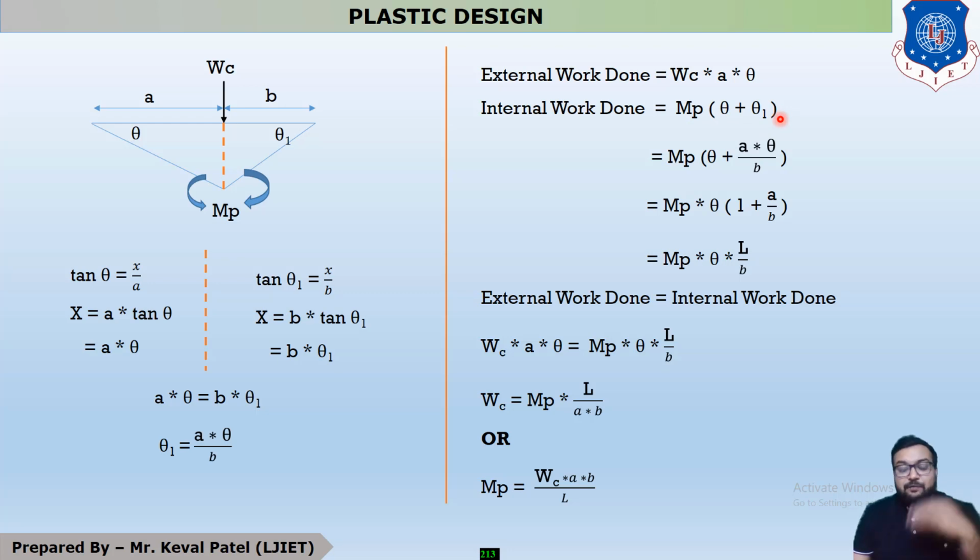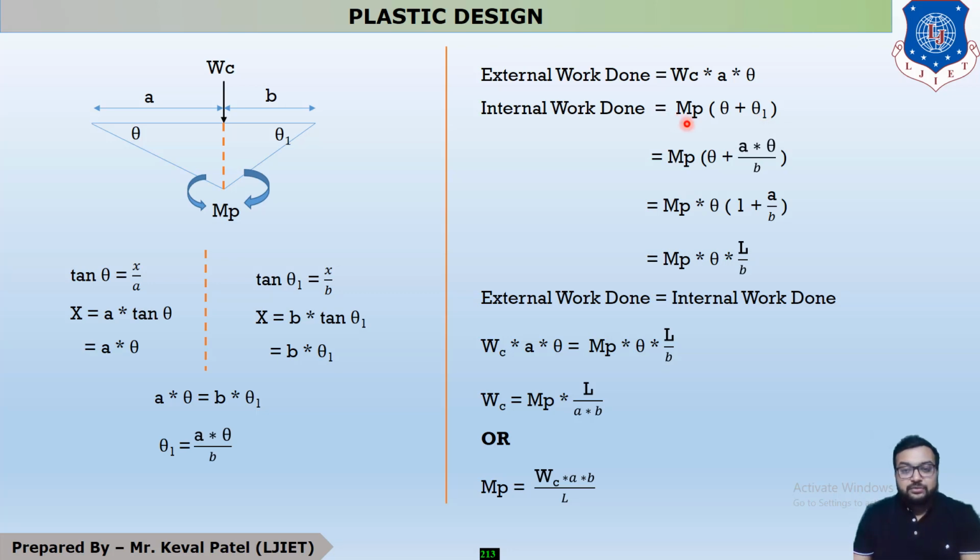Now after calculating external work done and internal work done, the next step is to equate both the values. But whenever you equate both the values, both terms must be in the form of theta or theta 1. Your external work done is already in theta form, so you have to convert your internal work done, which is in theta plus theta 1 form, to theta form.